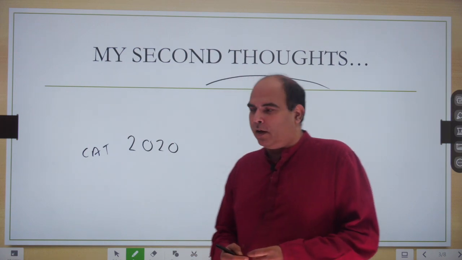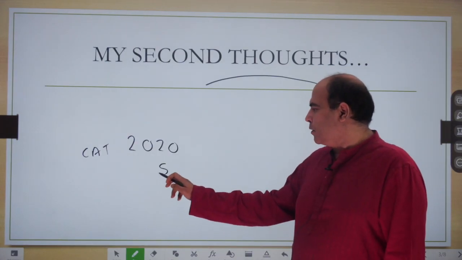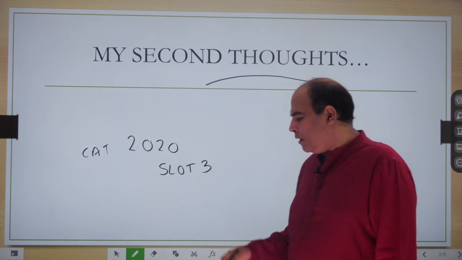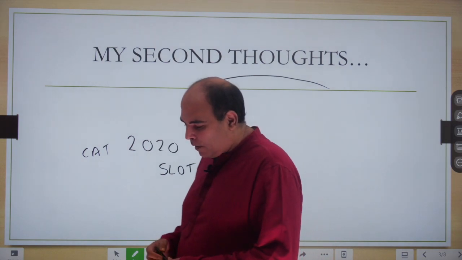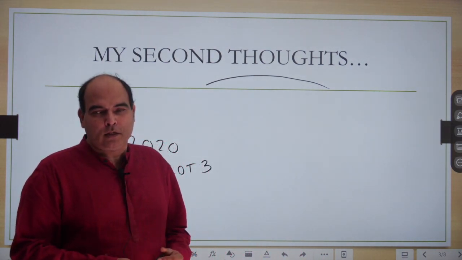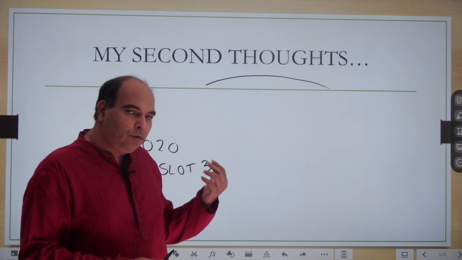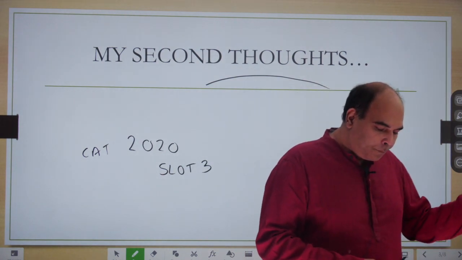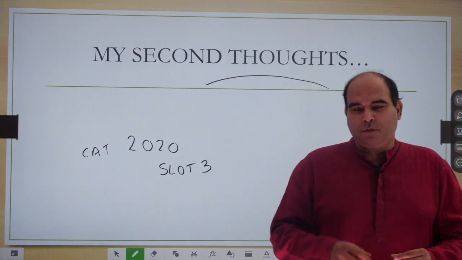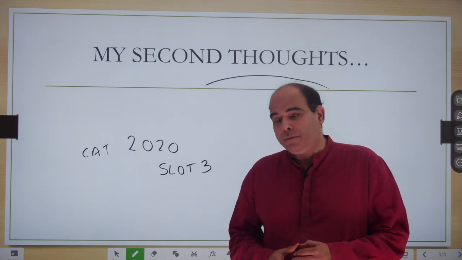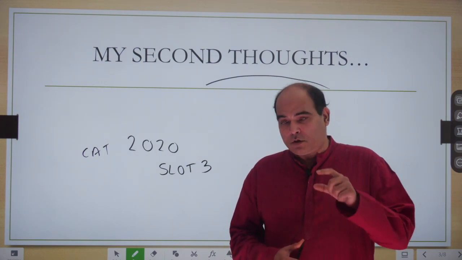CAT 2020 slot 3 was supposed to be the most difficult one, and high quality people with a very high degree of experience of solving and well prepared people came out of the slot 3 paper having solved 6 questions, 8 questions, right? So I just wanted to show you one of the first sets, and I'll of course continue this series, and I'll show you that it was very easy to do maybe 15-16 questions in DI-LR in the slot 3 paper.